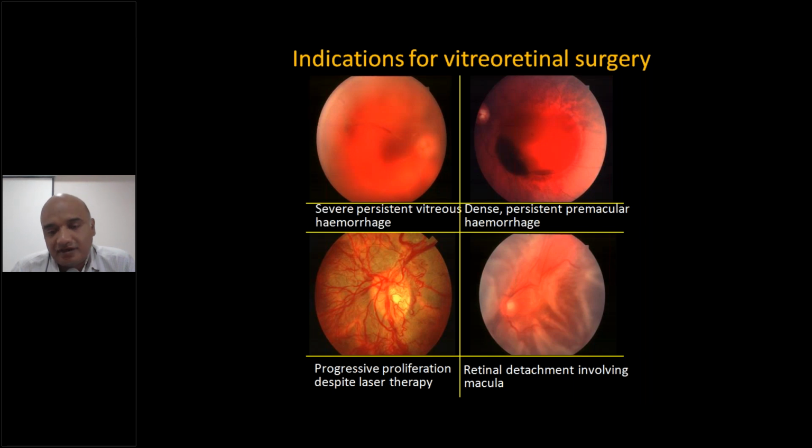You give PRP, or you can give PRP later, or to some extent you can give lasers. So surgically you manage a case when there is retinal detachment, or the vitreous hemorrhage is very severe, or it is in the center occupying the macula, or it is an unresolving vitreous hemorrhage. All these cases are indications for vitreoretinal surgery, or pars plana vitrectomy followed by indirect laser therapy.